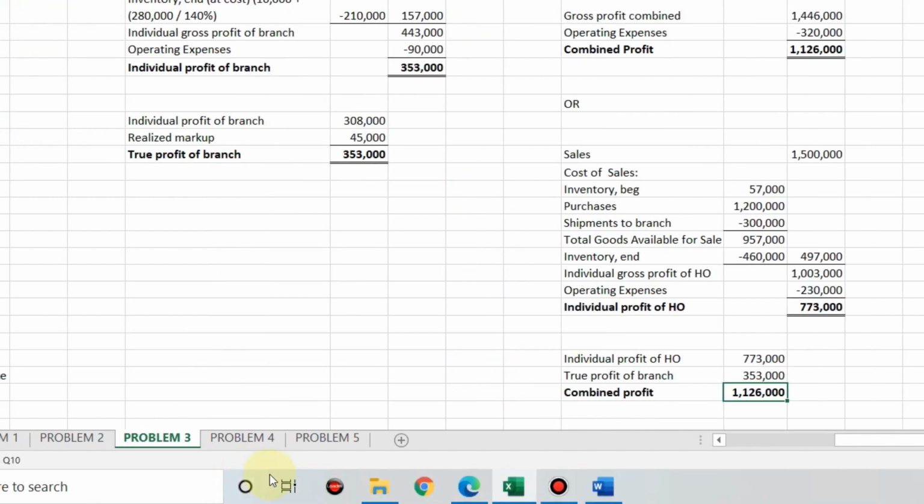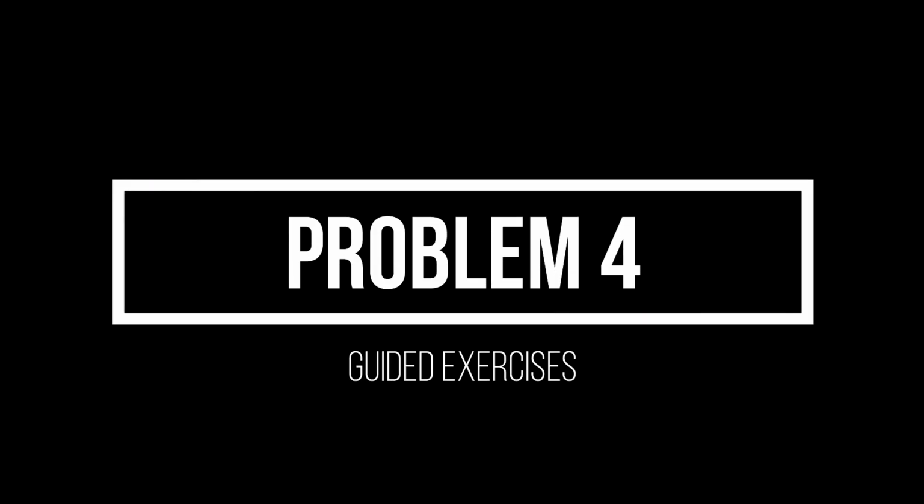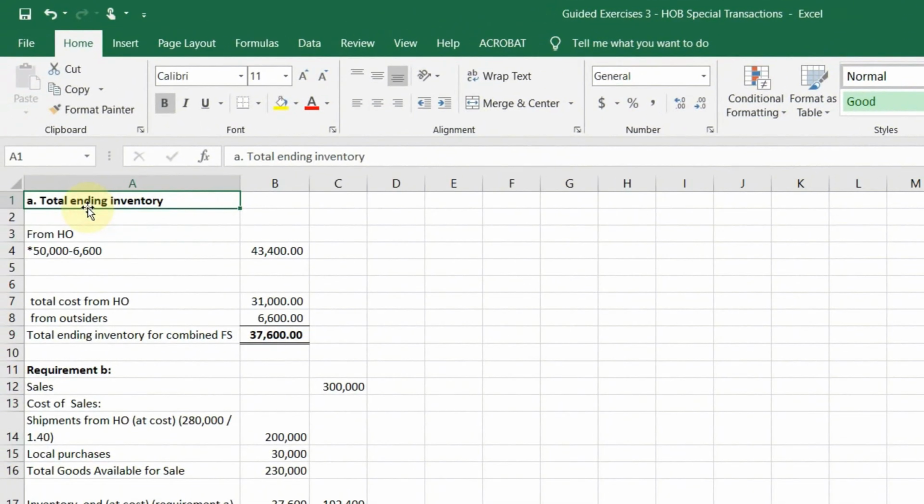Okay? So, that's for problem 3. Let's go to problem 4. Okay, here is for problem 4. Okay, so the requirement, letter A, is total ending inventory daw to be recorded in the branch in the combined FS.